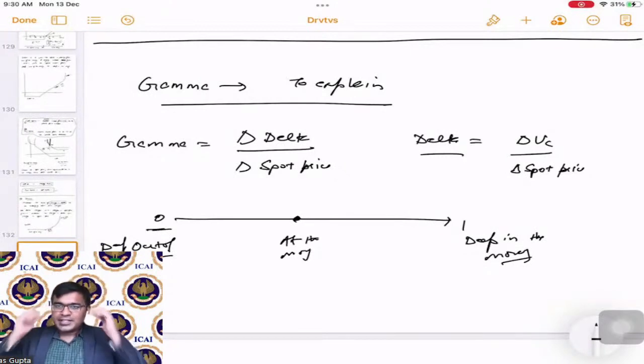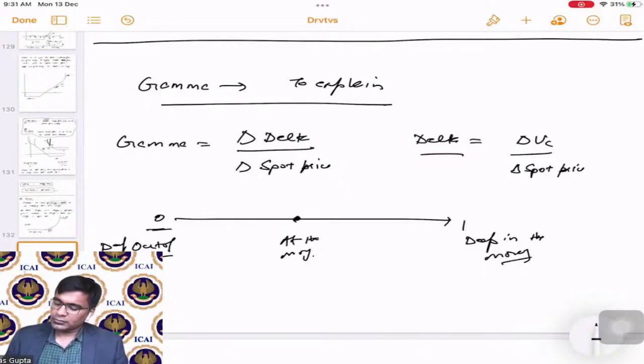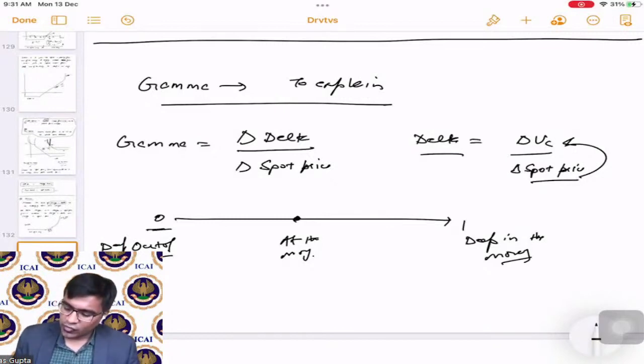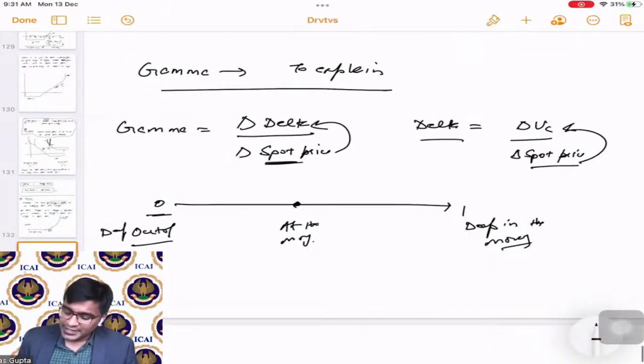Now, we are not talking here about the change of spot price impacting the change in value of call option. What we are talking about is what this change in spot price will bring as a change to delta.